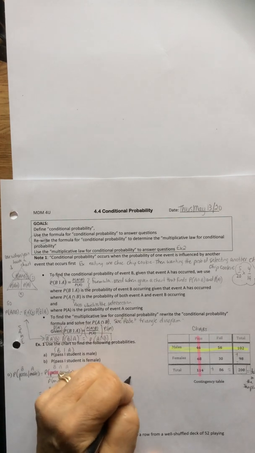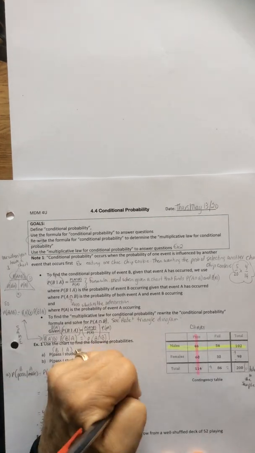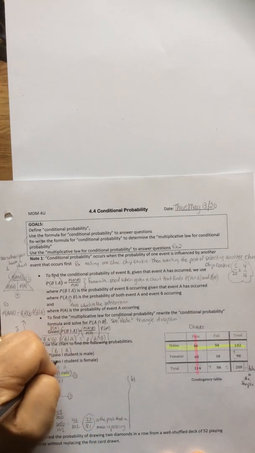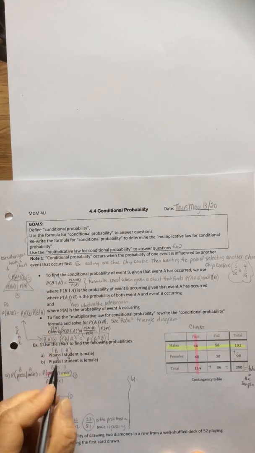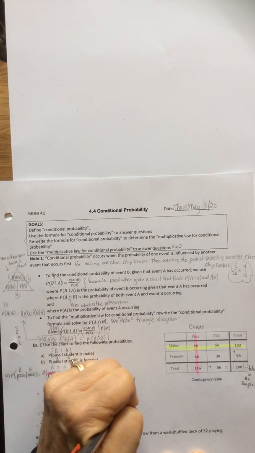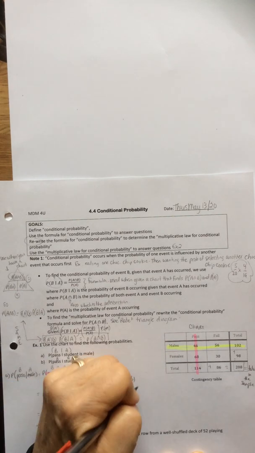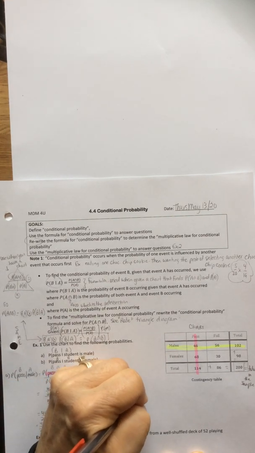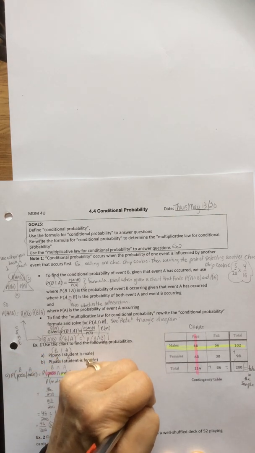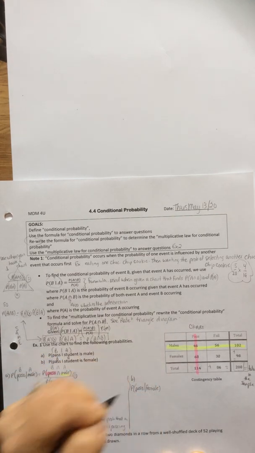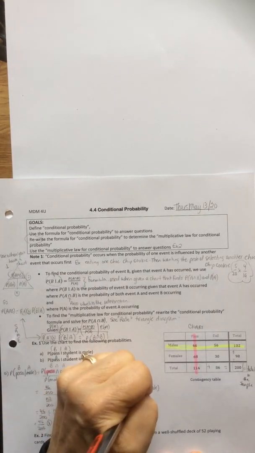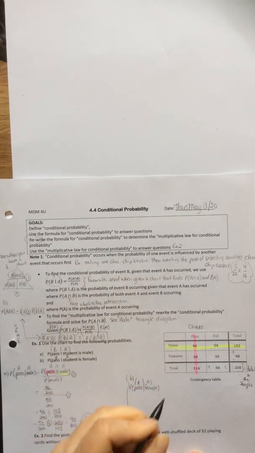All right, B. So now you want to get a pass given that the student is female. So pass is the event B, student is female is event A. I'm going to move this over. So the probability that you get a pass given that you have a student is, just cross that out, female. Right, so then that's a B given A kind of scenario.